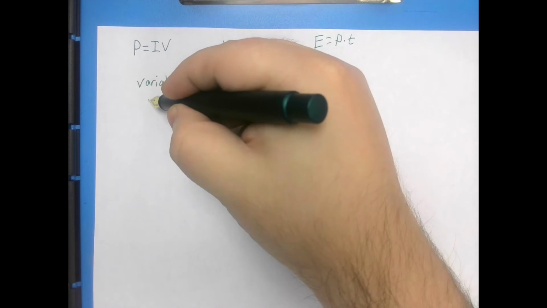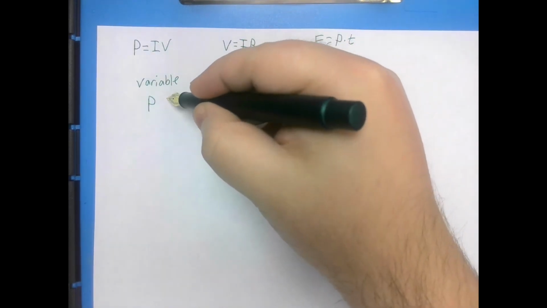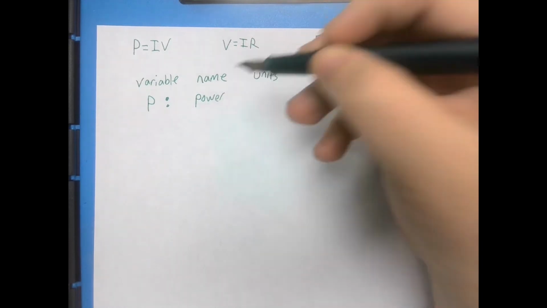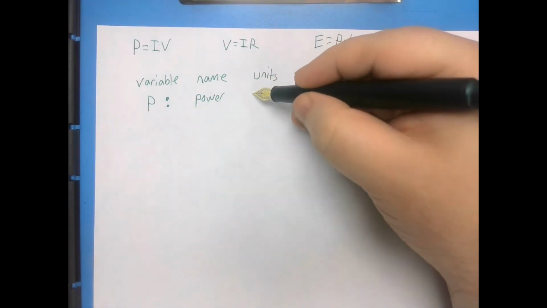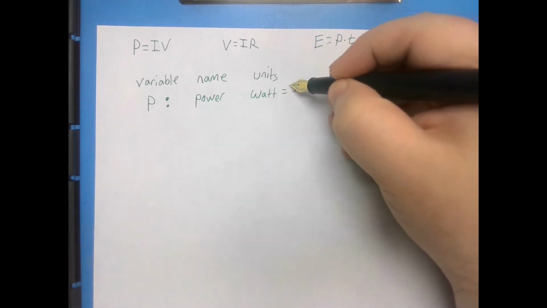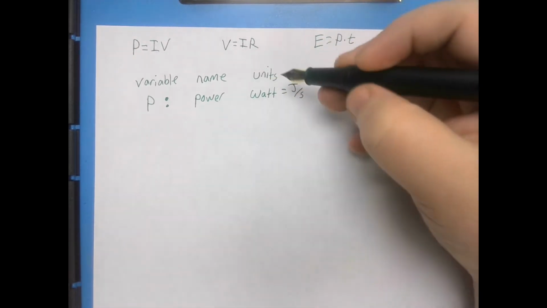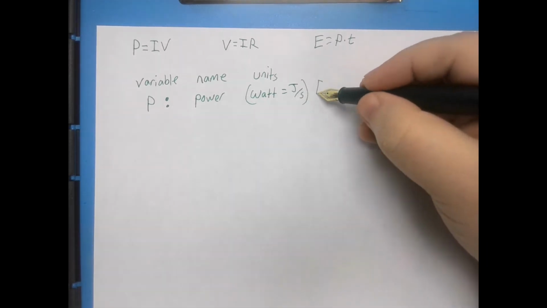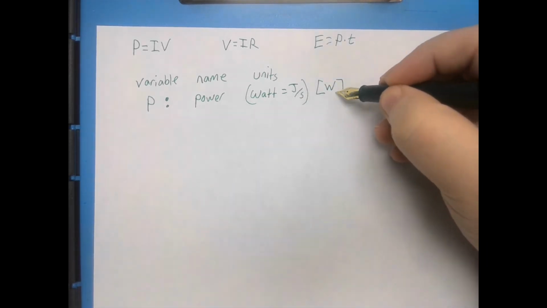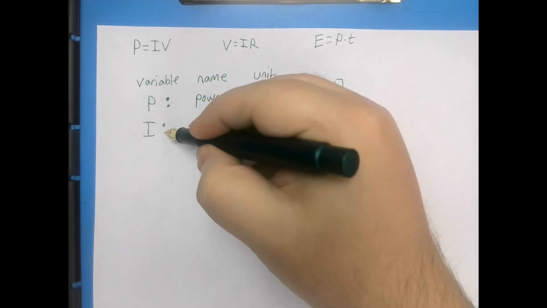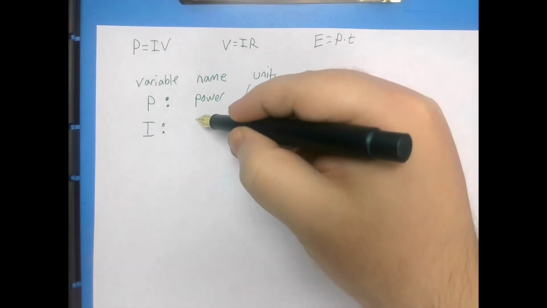So we have power. Its unit is a watt, which is equivalent to joules per second. We have current.